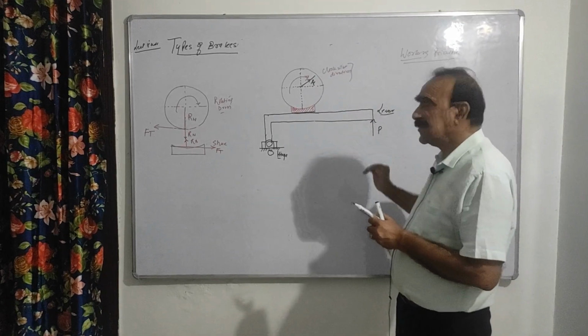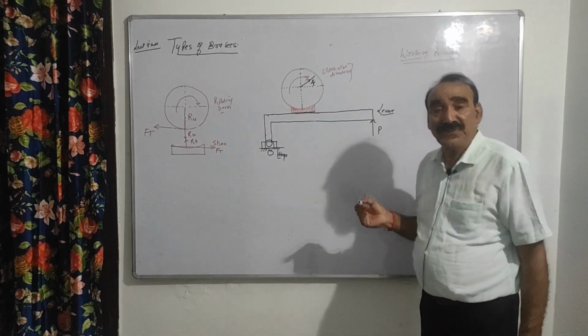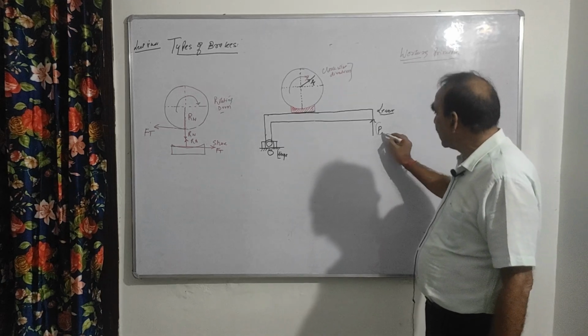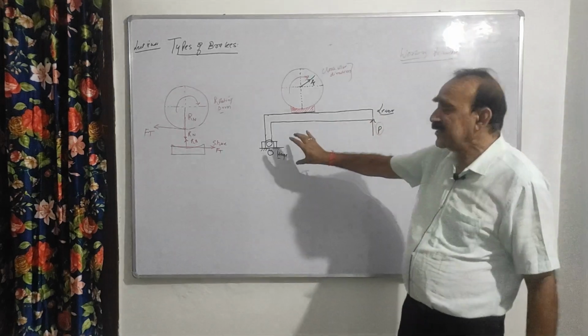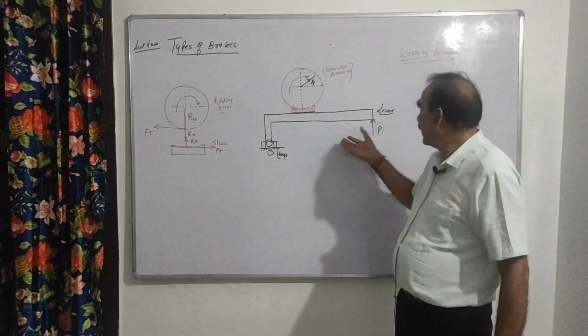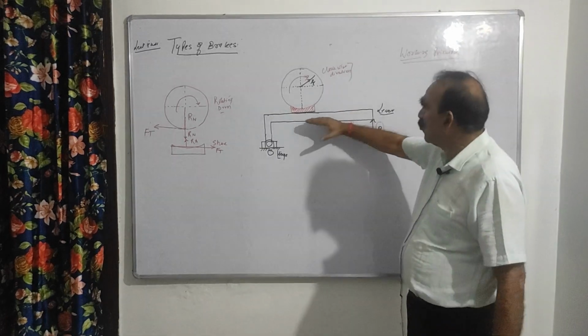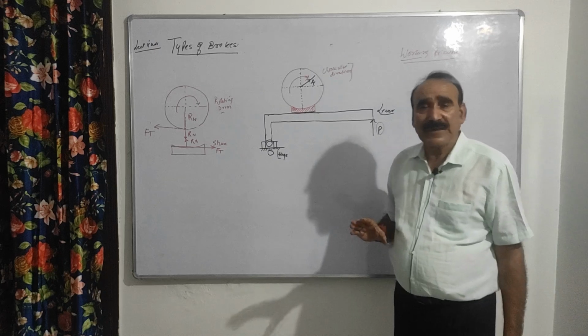When the force is applied on the lever, this force is also called the braking force. This I will tell you later on. But when the force is applied on the lever, what happens? The lever will rotate about the hinge hole, and this shoe will be in contact with your rotating drum, right?